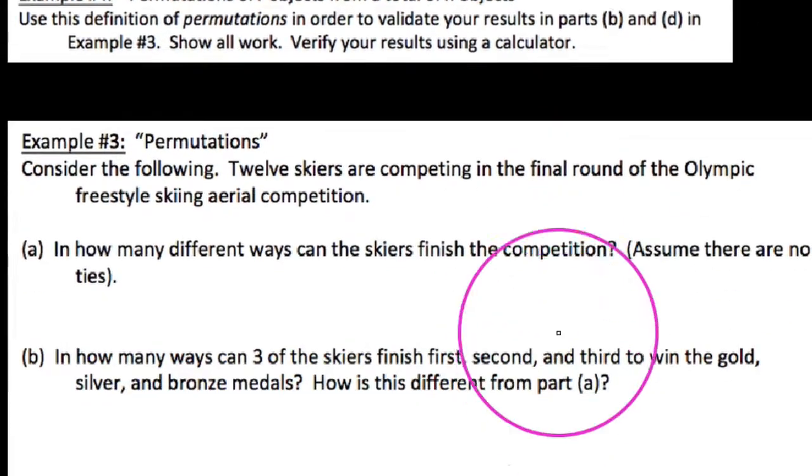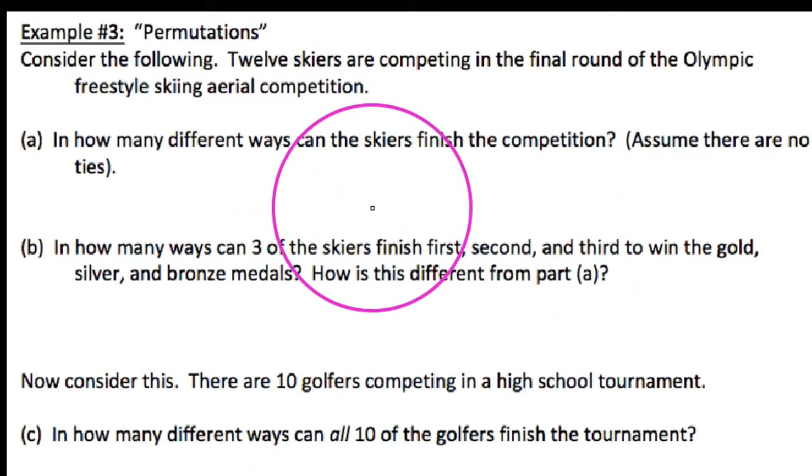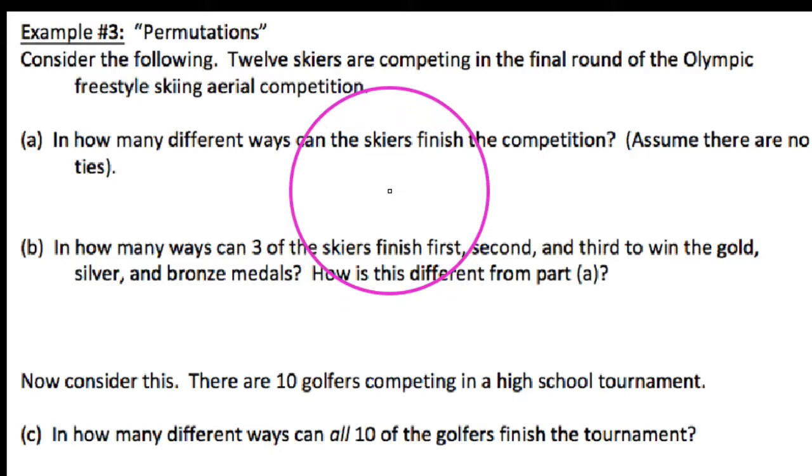So the examples that we went through in the last video, I've pasted that screenshot down here. We're going to work through them again just really quickly using this definition of a permutation.